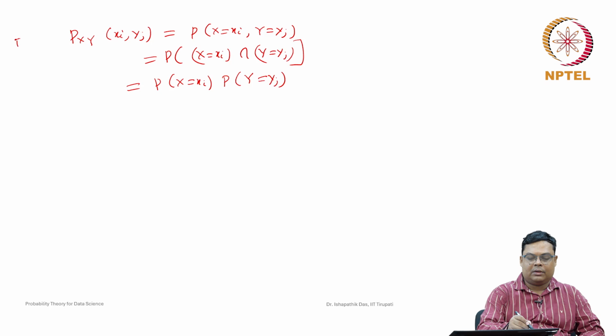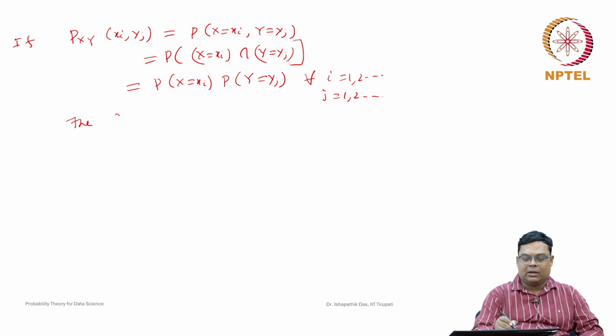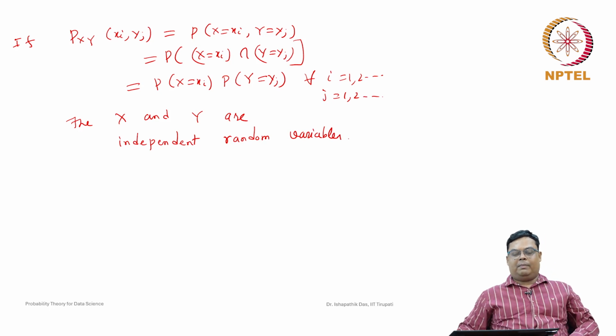So, if this condition is satisfied for all i and j, for all i equal to 1, 2, and so on and j equal to 1, 2, and so on, then x and y are independent random variables. It may not always be satisfied.